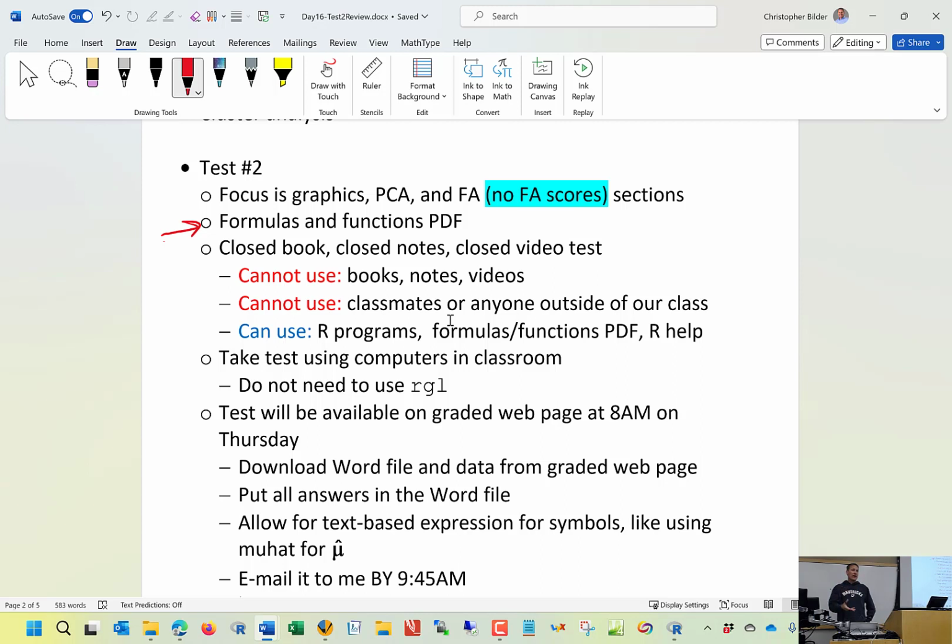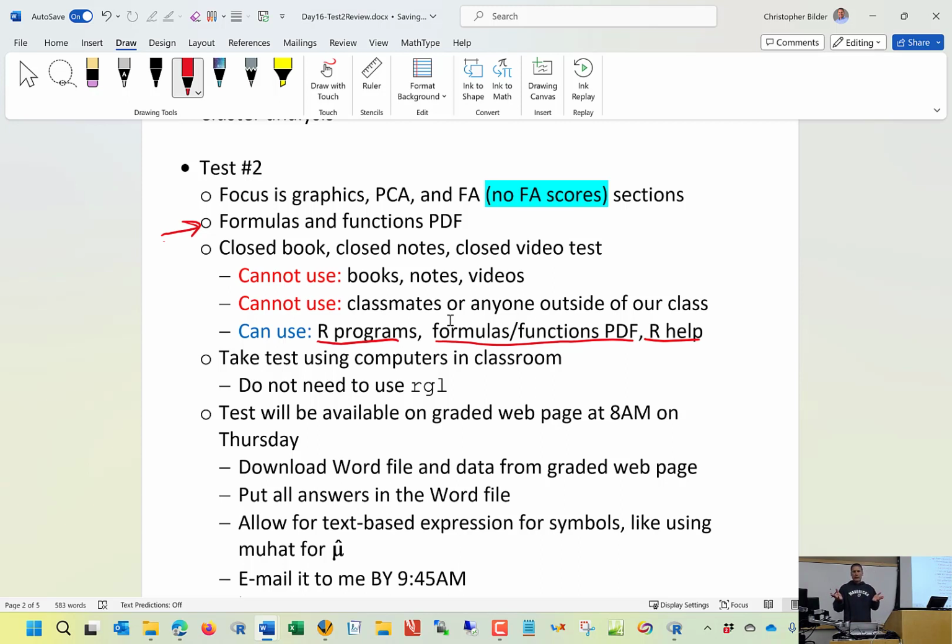You can use that sheet to quickly find stuff as needed. This is a closed book, closed note, closed video test, so don't use my notes. Do not talk to other students in the class when you're taking the test, but you can use any of my R programs on my website, the functions and formulas PDF. You can use the R help as well.